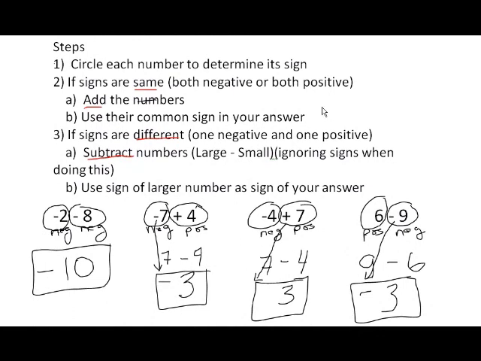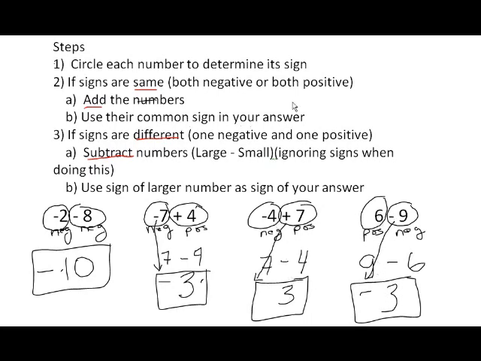If the signs are the same as in the first problem, you just add the numbers up. 2 and 8 is 10, and use their common sign. If the signs are different, as in the next 3 problems, you always subtract. Ignoring the signs, just take the larger minus the smaller. 7 minus 4 is 3, 7 minus 4 is 3, and 9 minus 6 is 3.